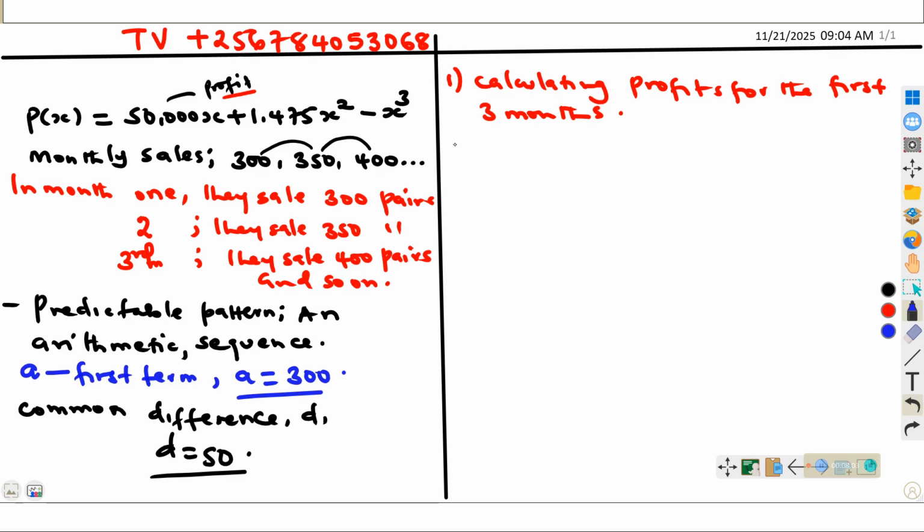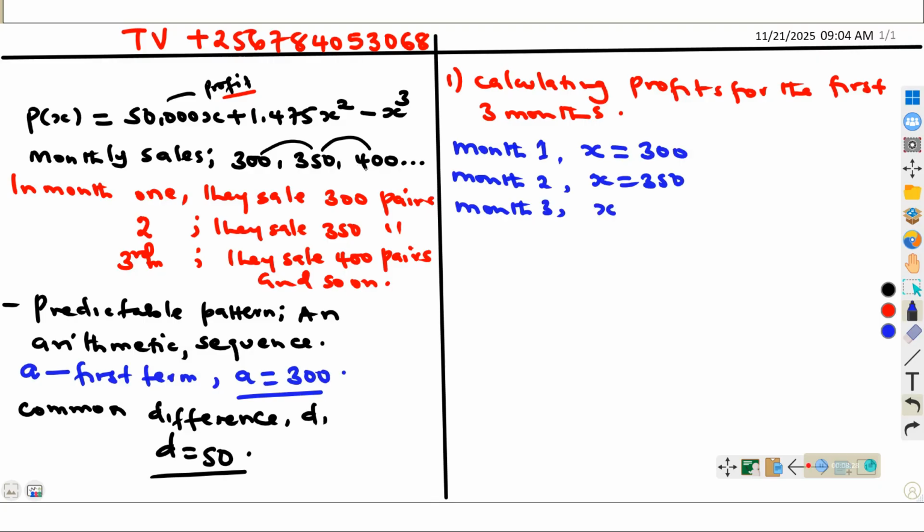In month 1, the first month, 300 pairs of shoes were sold, meaning X is 300. In month 2, 350 pairs were sold, meaning X is 350. In month 3, 400 pairs were sold, meaning X is 400.